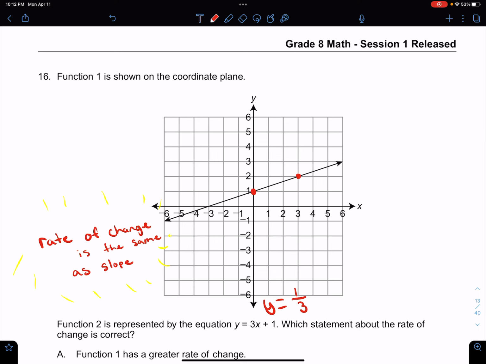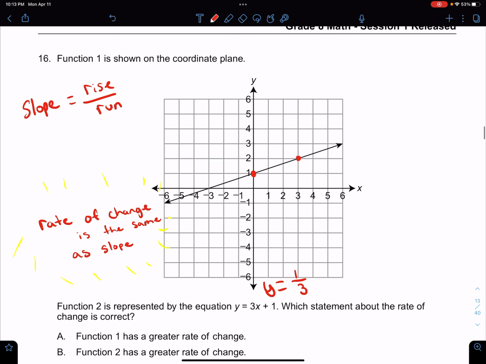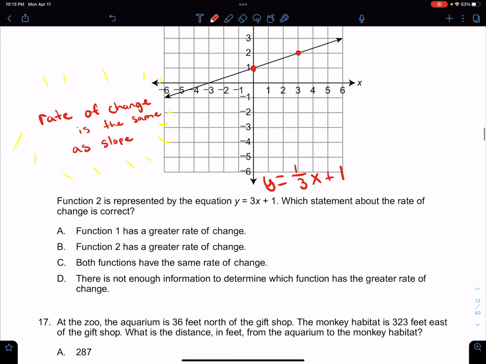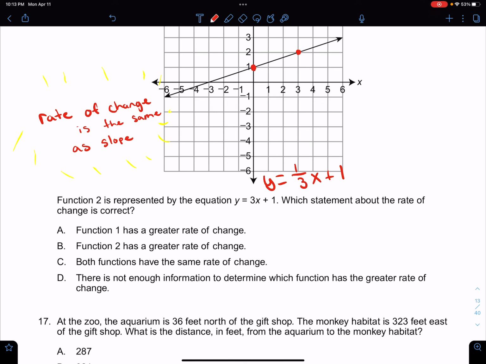Slope is equal to rise over run, so how far up I go and how far sideways I go. My equation is going to be 1/3 x plus my y-intercept, which is just 1. Then it says which statement about the rate of change is correct. All I'm looking at are the 3x and the 1/3 x.